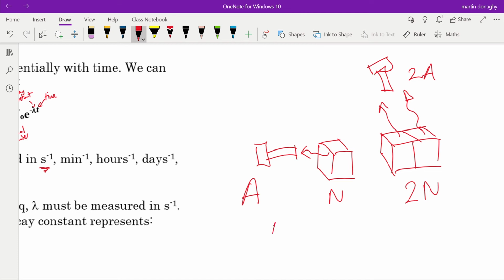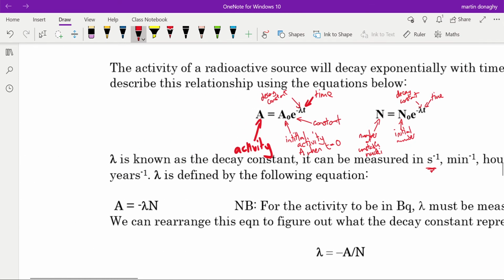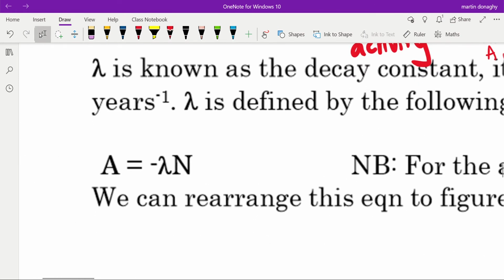Therefore, I would say that A is directly proportional to N, and in maths, you would just replace that with a k. We like keeping our constants different, and that is just what your decay constant is. Now you will notice that when this equation is given in your data sheet, it has a minus in there. We'll maybe talk about this a little later when I'm actually in class.